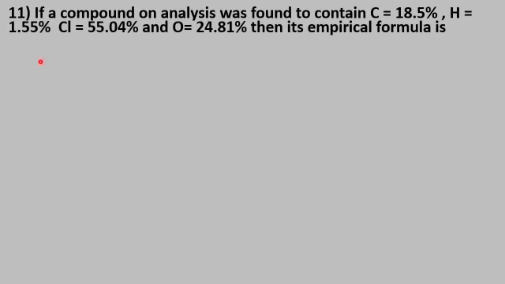Question number 11. If a compound on analysis was found to contain carbon 18.5%, hydrogen 1.55%, chlorine 55.04% and oxygen 24.81%, then its empirical formula is dash.